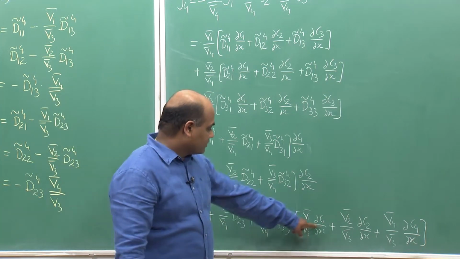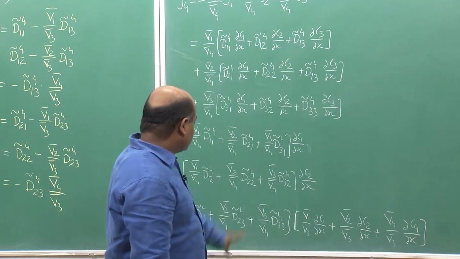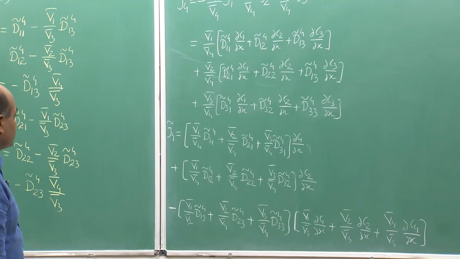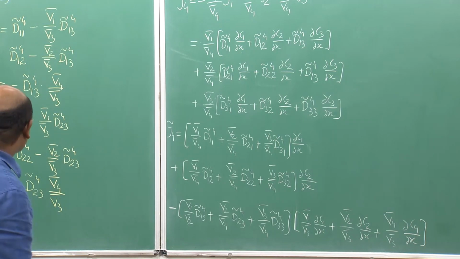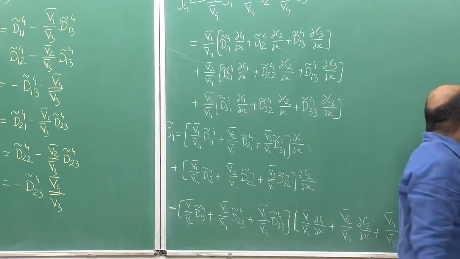So, again we have derivatives of 1 and 2 appearing here, and if we take this common and rearrange the corresponding terms, we will get the equations for conversion of coefficients for component 4.